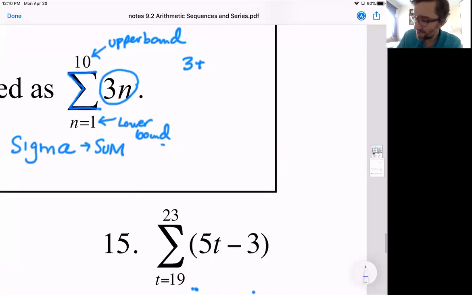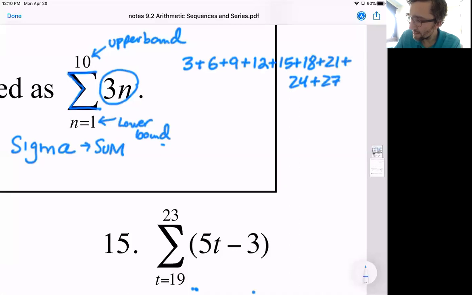So if you plug in 2 to this, that would be 3 times 2, 3 times 3, 3 times 4, 3 times 5, 3 times 6, 3 times 7, 3 times 8, 3 times 9, and then finally 3 times 10. So we took this function 3n and we multiplied by numbers from 1 all the way to 10.